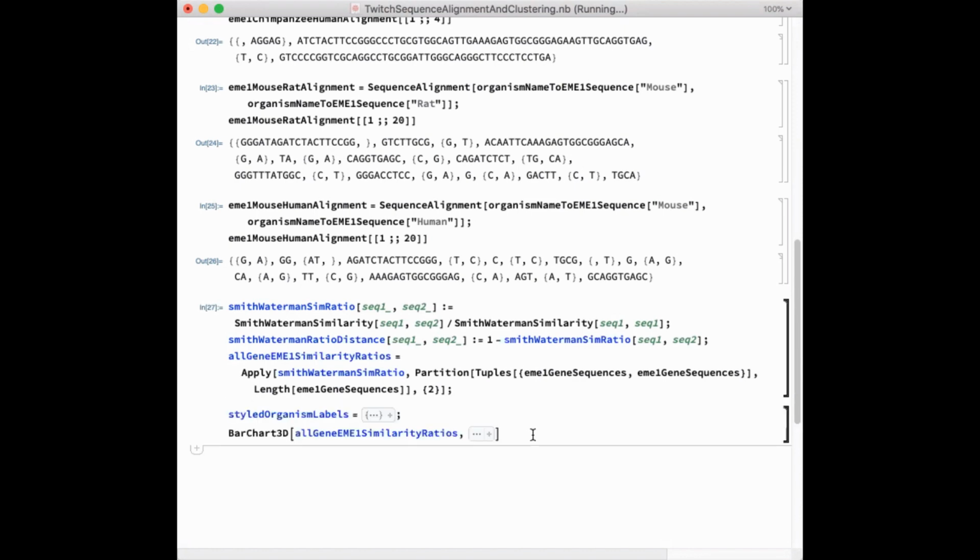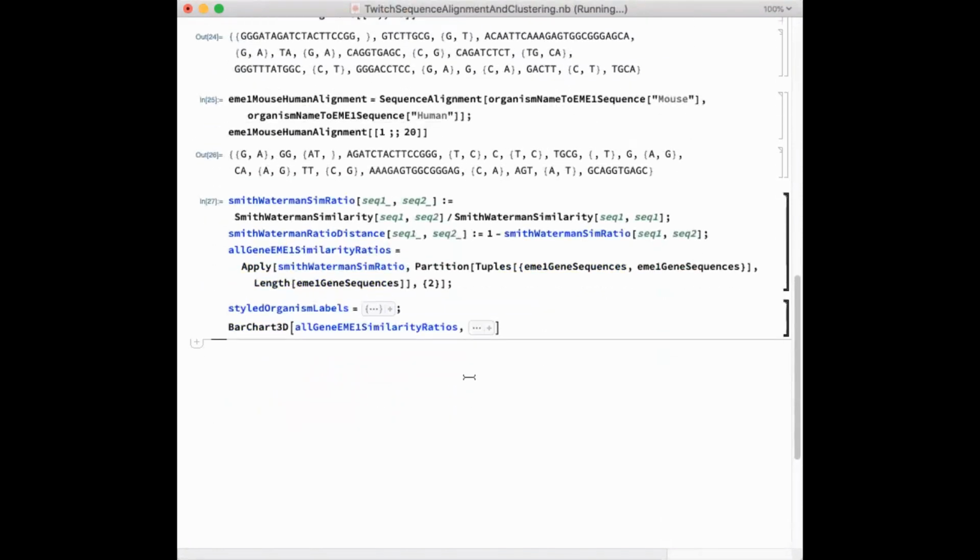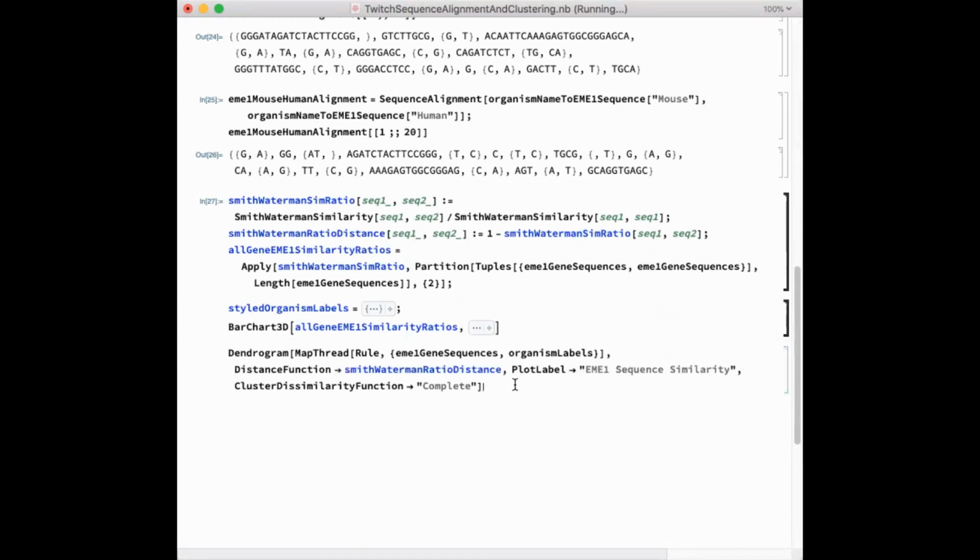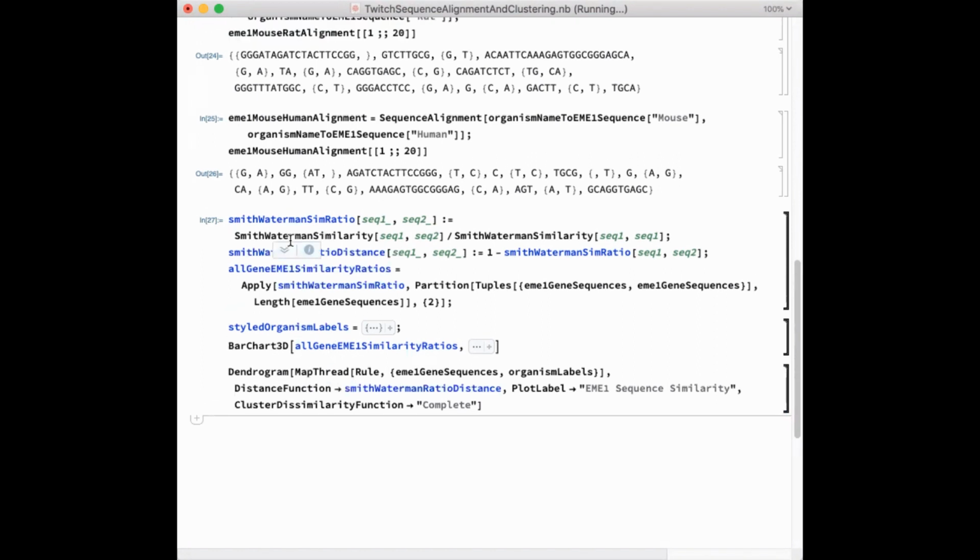From there, we'll be plotting those into a bar chart, and we'll also be seeing how tight these are from a clustering perspective. We're going to be doing that by turning our similarity ratio into a similarity distance by inverting it here.